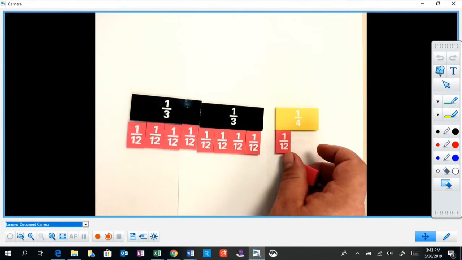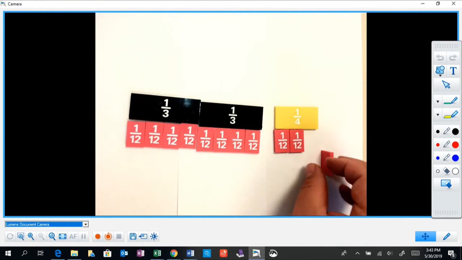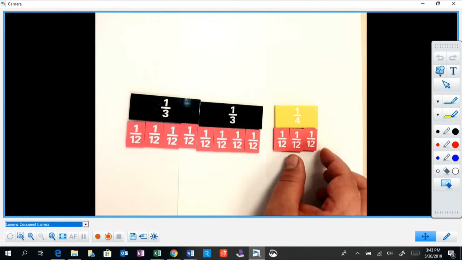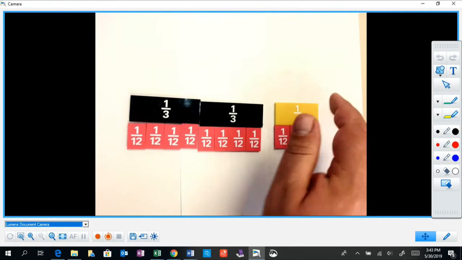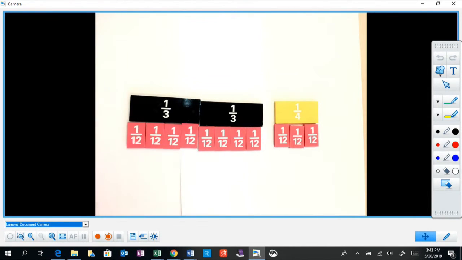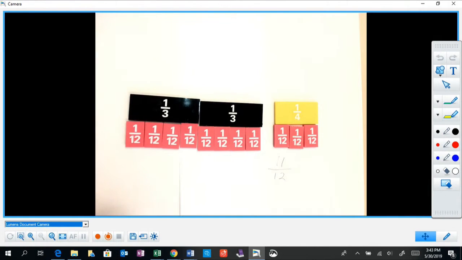And then a fourth is represented by 3/12. So now they're the same size pieces. Now I can add them together. Now I can count my pieces. So I've got 4, 8, 11 pieces, and my pieces are 12ths. So if I add those together, 2/3 plus 1/4, I get 11/12.